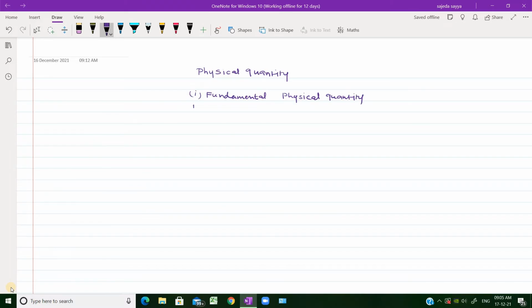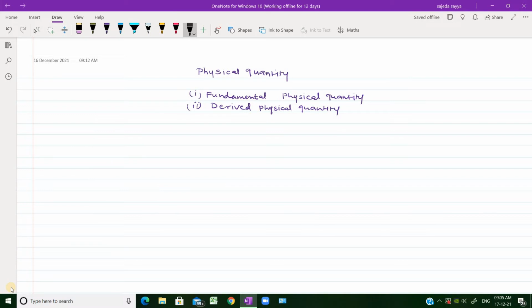And second, it is derived physical quantity. Let us study one by one.